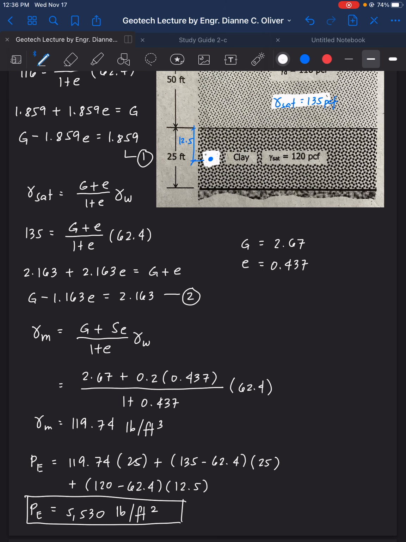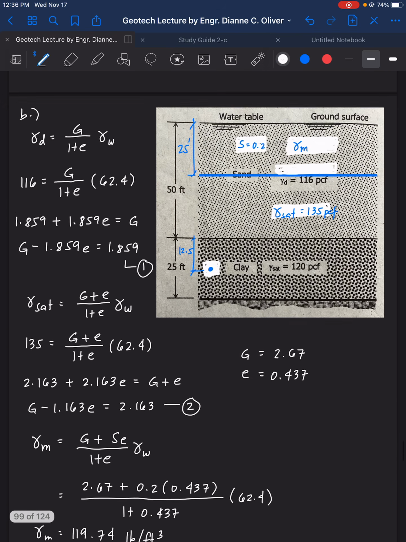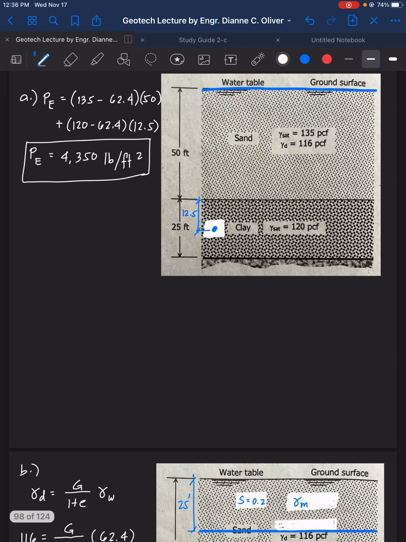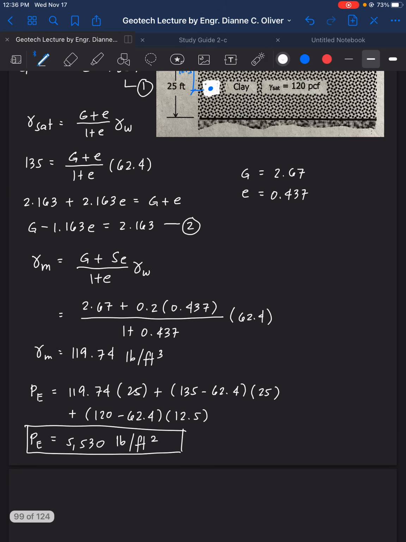So that's for the second condition. 5,530, compared with the first condition, 4,350. So when the water table was lowered, the effective stress is stronger. Let's go to the third condition.